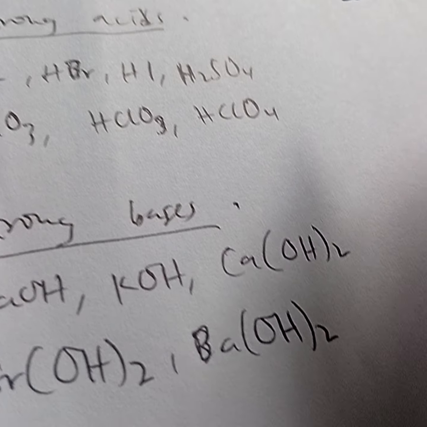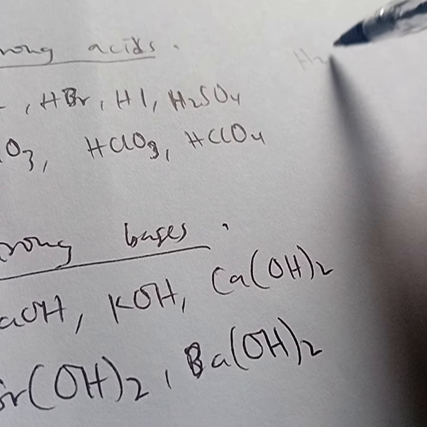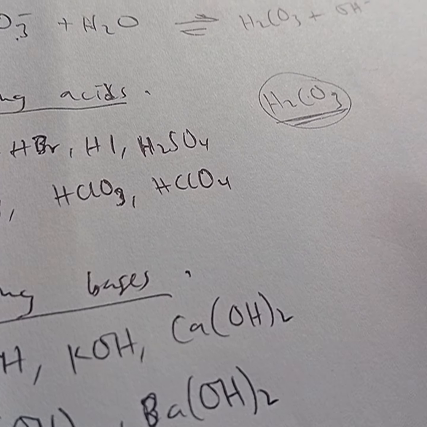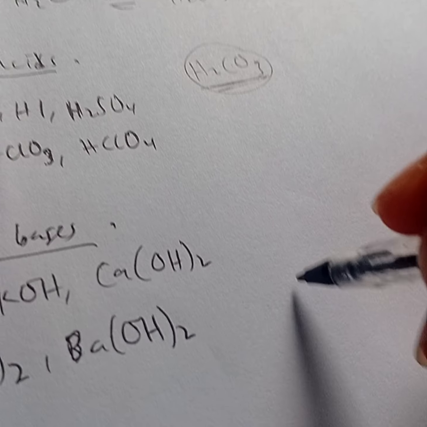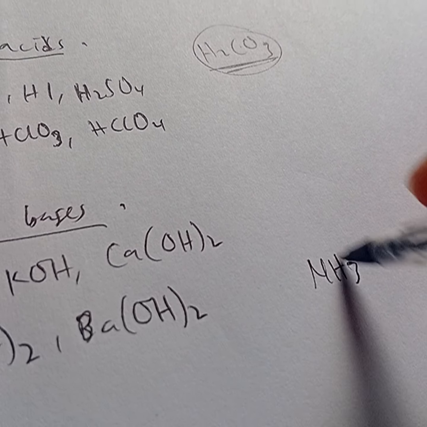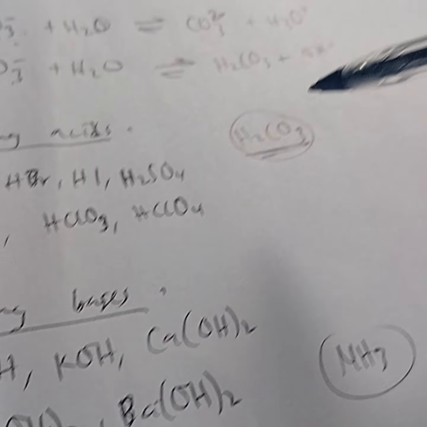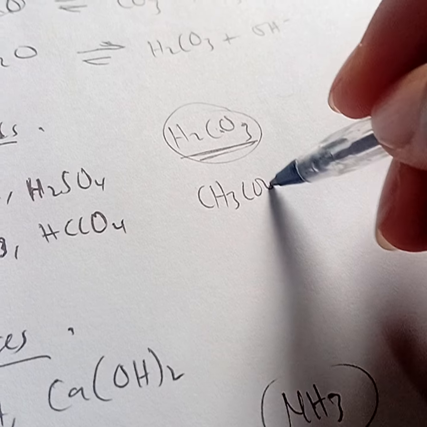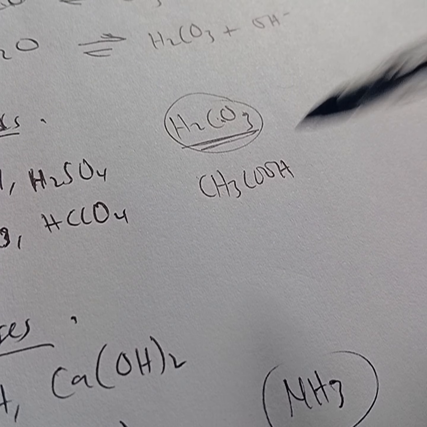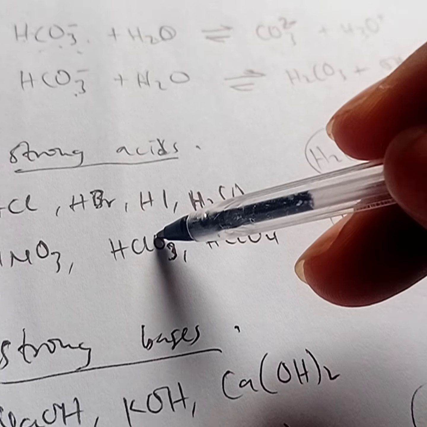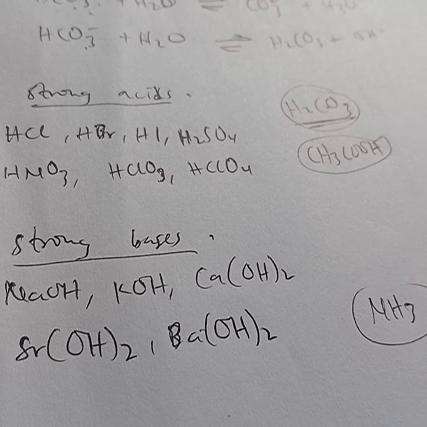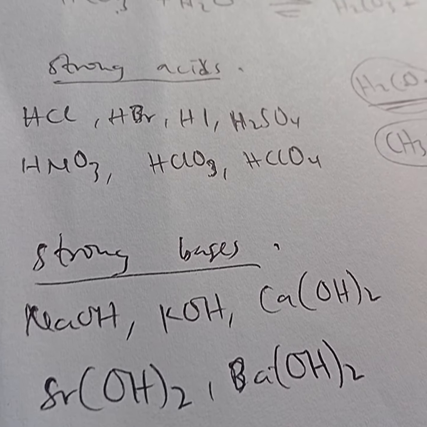So let me give you H2CO3. It's a very weak acid. It's not here, so it's a weak acid. Weak carbonic acid. Ammonia NH3 is a weak base. It's not part of the list. CH3COOH, ethanoic acid, is a weak acid because it's not here. So that's how we are going to do it. So take note of the strong acids and the strong bases.